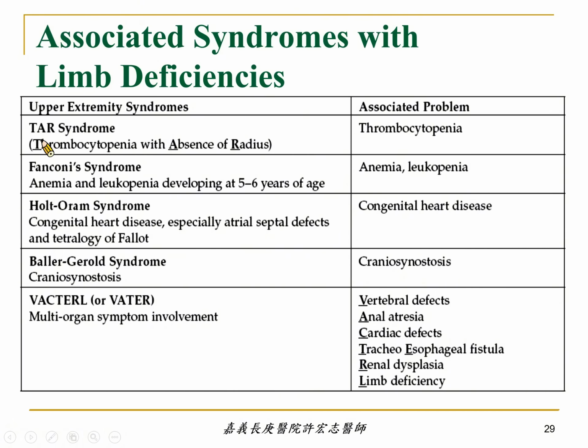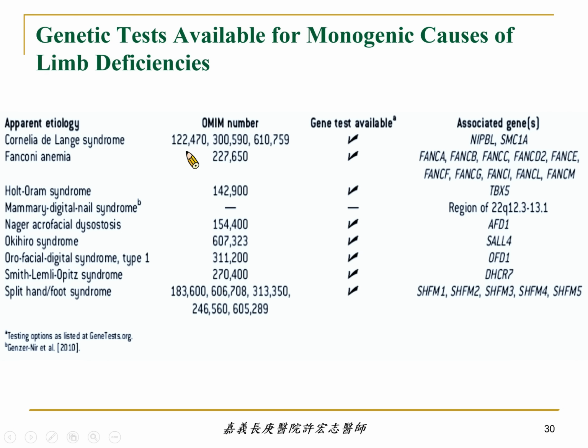This is the TAR syndrome. What is the TAR syndrome? TAR syndrome is the acronym for thrombocytopenia with absent radius. Many of them can be diagnosed early with tests during pregnancy.